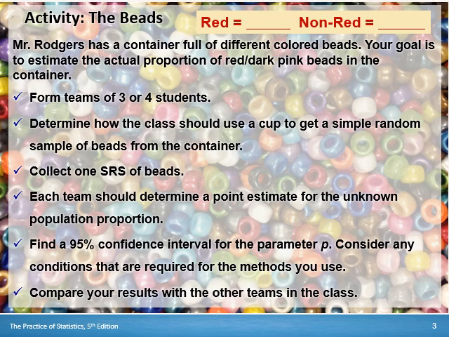Since we're not really in class, we'll work through this example together, assuming we had done it. But in class, I would have you break up into groups and try to come up with your best estimate based on the sample data that we collected.